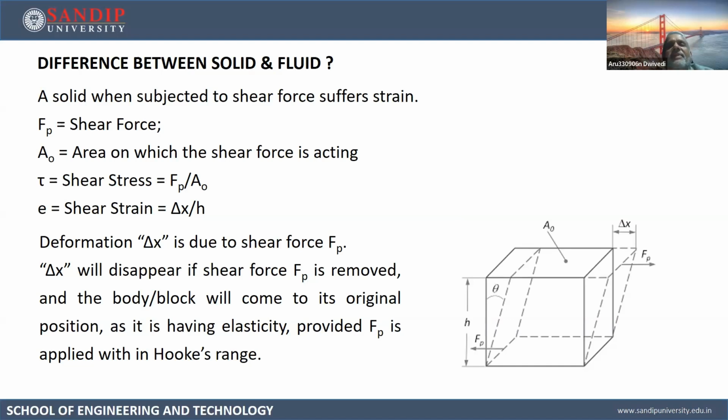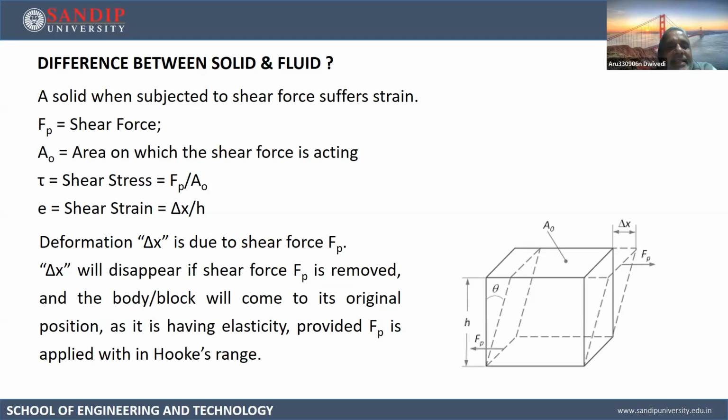The layer in immediate contact with the solid boundary has a velocity equal to the velocity of the solid boundary, and as we go across the flow, the different layers have different velocities, and as we go away from the solid boundary, the velocity increases.